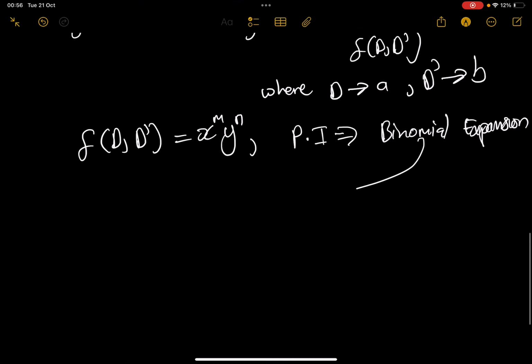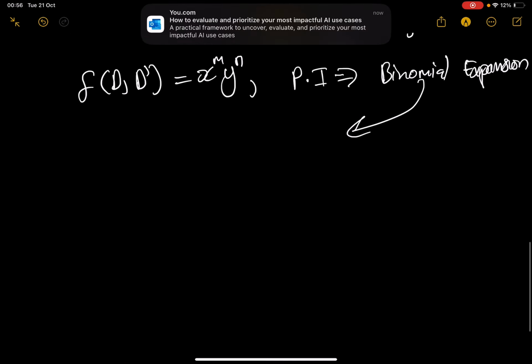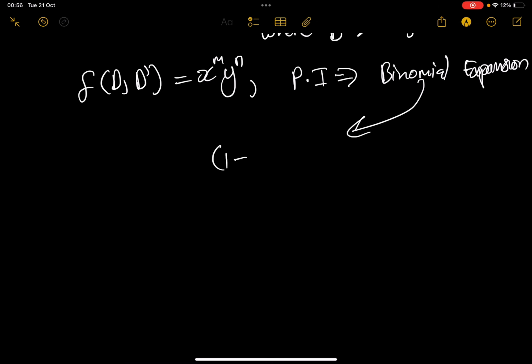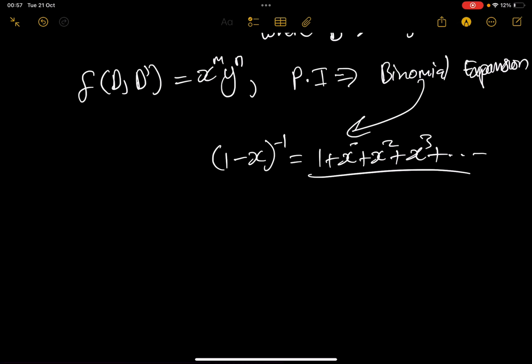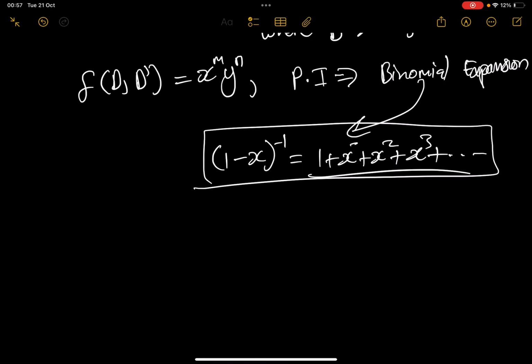With the binomial expansion, we won't necessarily use the formula, but we are going to use this series: 1 plus x, 1 plus x squared, 1 plus x cubed, and it continues. This is just an expression that can evaluate into this format. So we are going to use this expression.